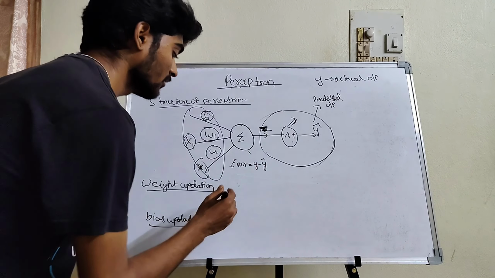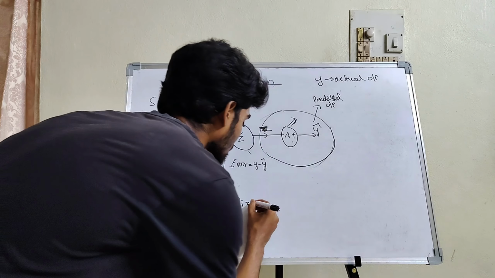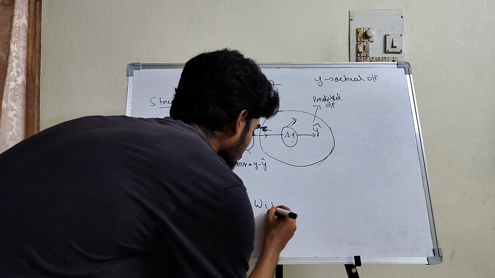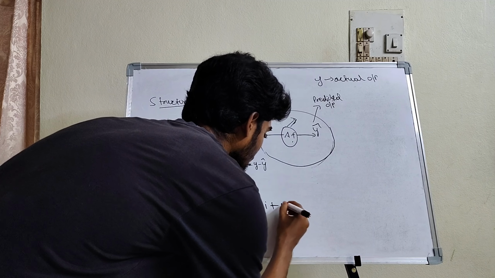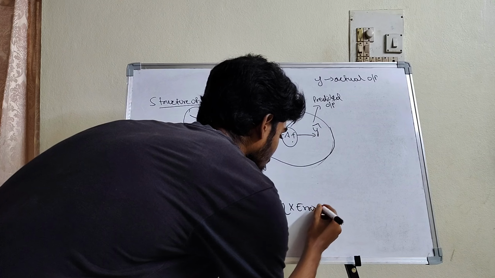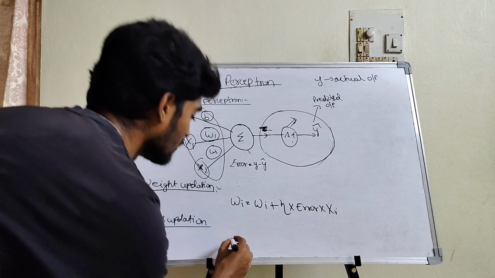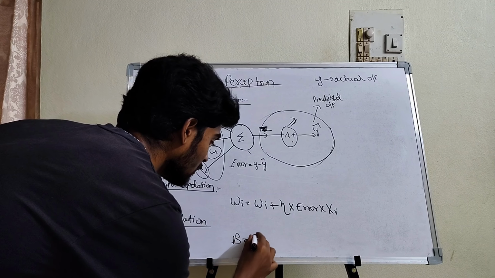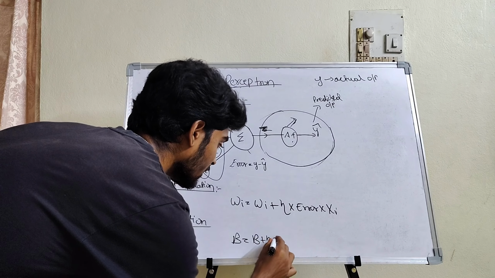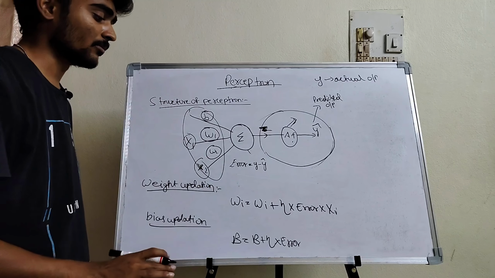This can be done by a formula: Wi is equal to Wi plus learning rate into error into xi, and bias updation can be done by b is equal to b plus learning rate into error. Okay, now let's understand these formulas.